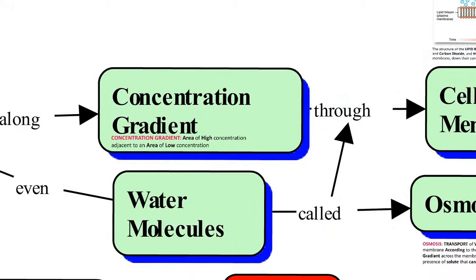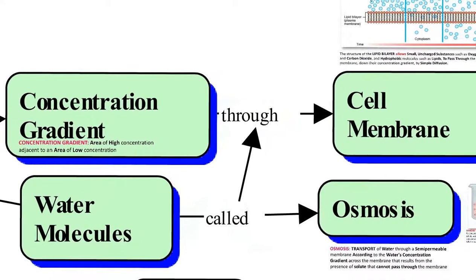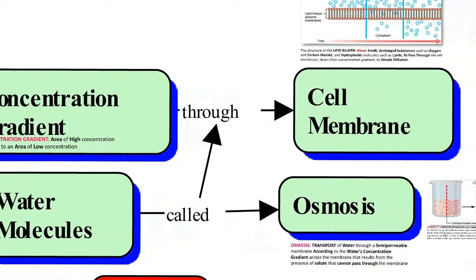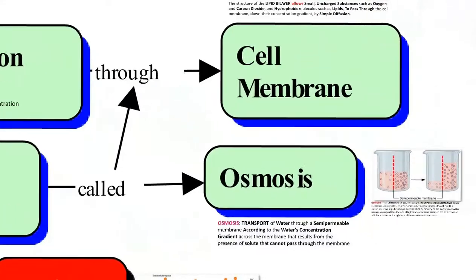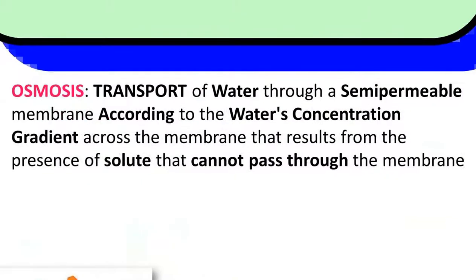Water molecules also pass through the cell membrane by simple diffusion from high concentration to low concentration, by a process called osmosis. Osmosis means transport of water through a semi-permeable membrane according to the water concentration gradient across the membrane that results from the presence of a solute that cannot pass through the membrane.